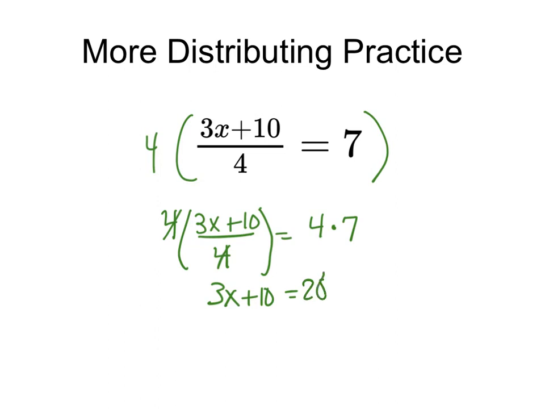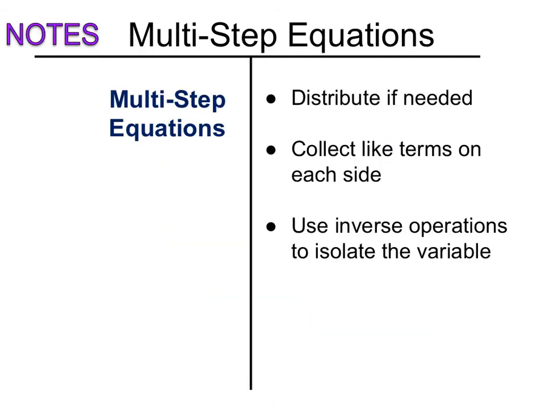So then we just solve our two-step equation, and I get 3x is equal to 18, divide both sides by 3, so I get x is equal to 6. So we've expanded our multi-step equations to include distributing if we can. Also, we collect like terms on each side of the equation and then use inverse operations to isolate the variable.